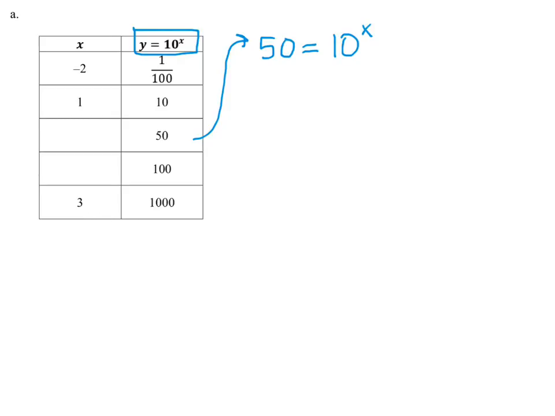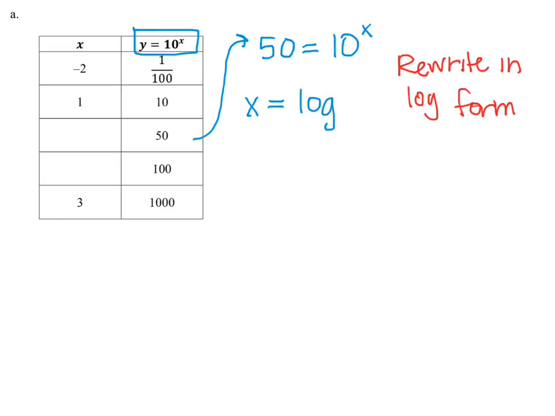What I can do now is rewrite this in logarithmic form, and so it's going to look like x is equal to log 50.